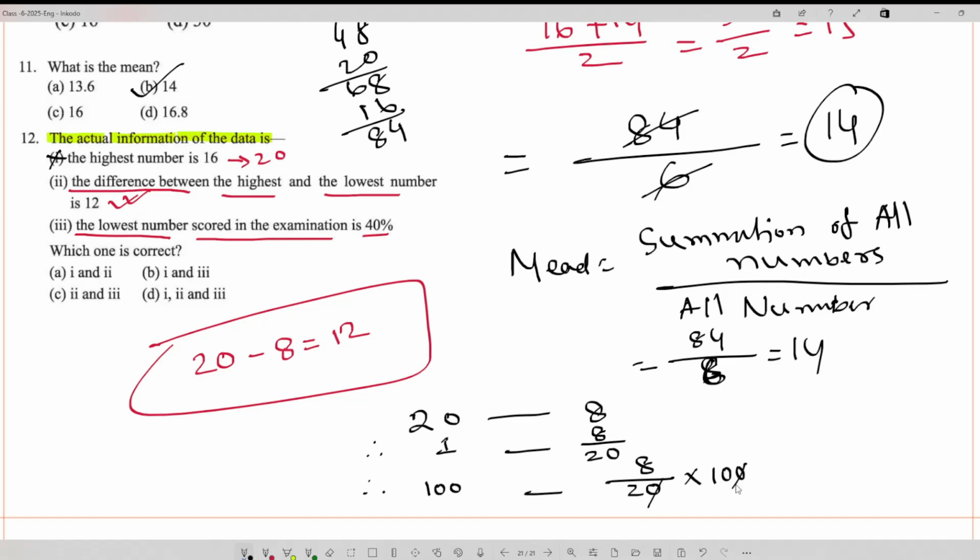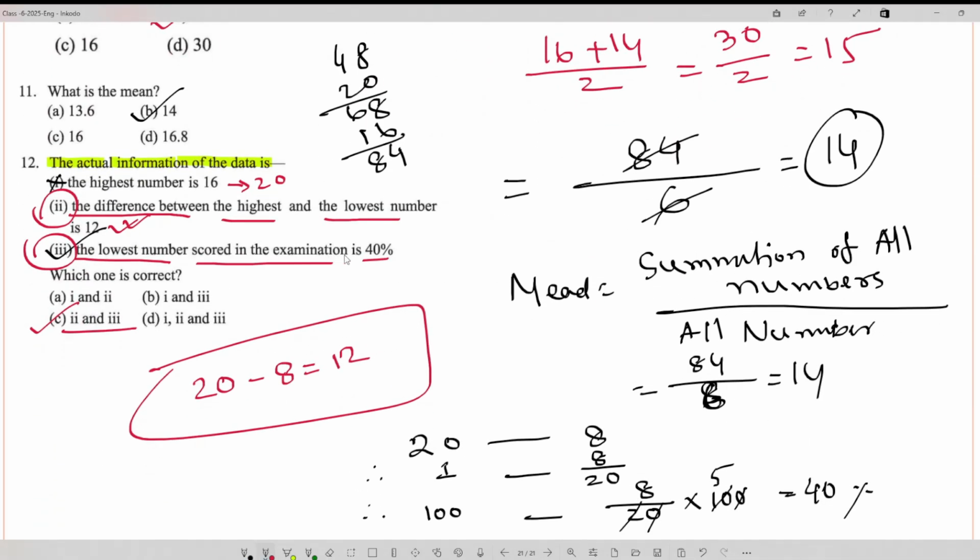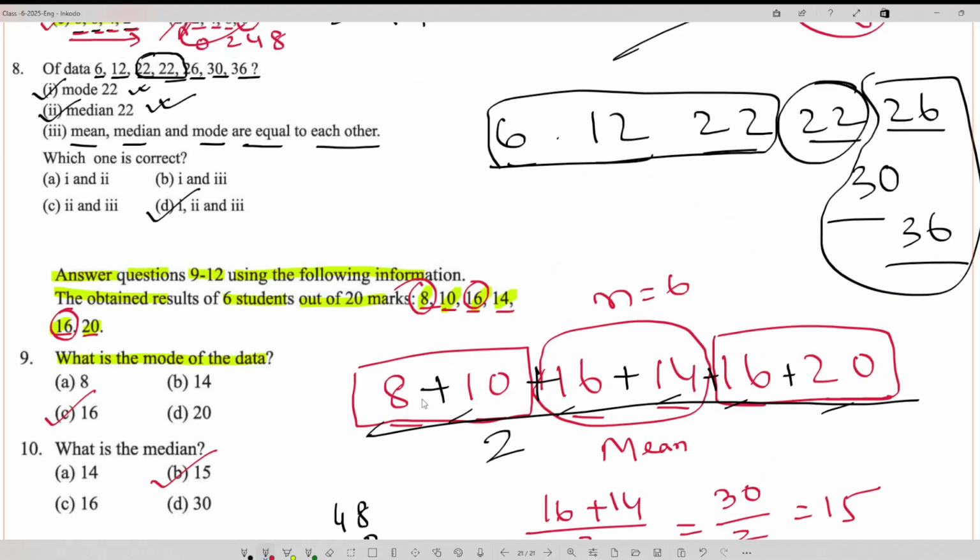It means 0 and 0 cancel out, and here we can divide by 2. So here is 5 and these 2 cancel out. So 8 times 5 is 40. So the result is 40%. It's the correct answer. Okay. So I hope you cleared this one. The result is 40. Therefore the result 2 and 3 is our right answer.